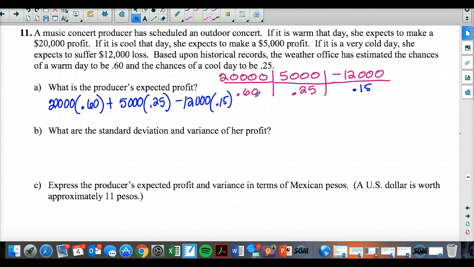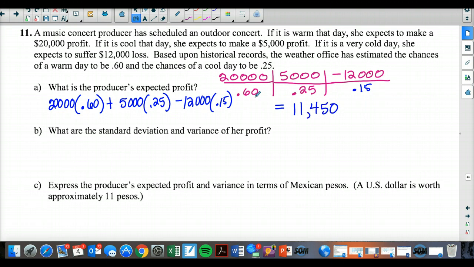Then my list 2, I'm going to do 0.60, 0.25, and 0.15. Then I'm going to go stat, calculate, 1-Var Stats. List 1 is my list, and list 2 is my frequency. See, Hannah? So my expected value is $11,450. Did you guys get that?